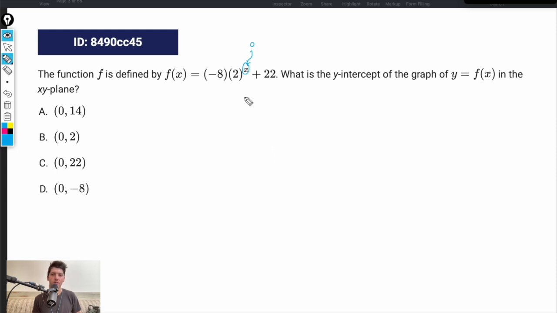Recognizing that 2 to the power of 0 is 1 doesn't make this whole thing 1. It just makes it negative 8 times 1 plus 22. So that's negative 8 plus 22. And what does that get us? 14, right?